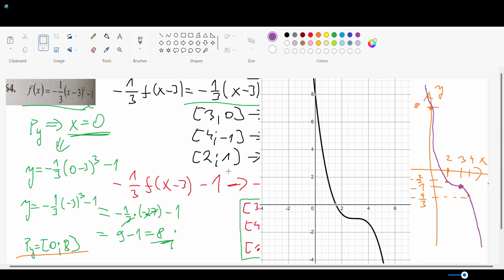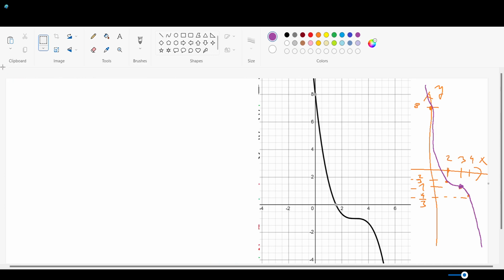And as this video took quite a long time, I'm done for now, though I owe you the properties of this graph, but I'm pretty sure you can find out that the domain of our function is all the real numbers, and the range of our function is also all the real numbers.